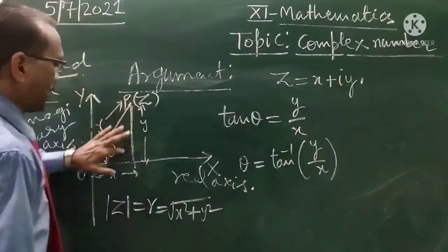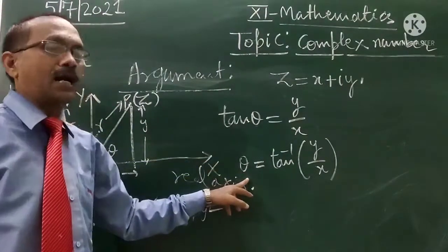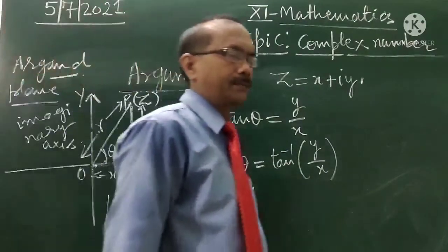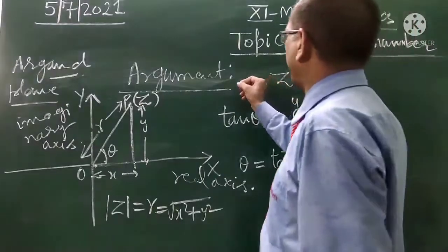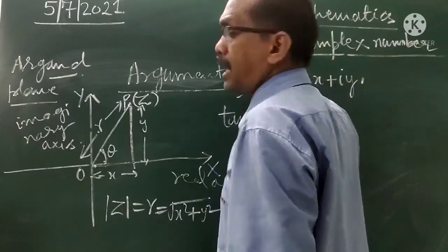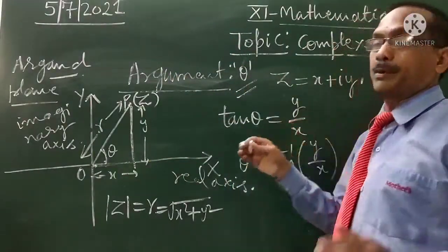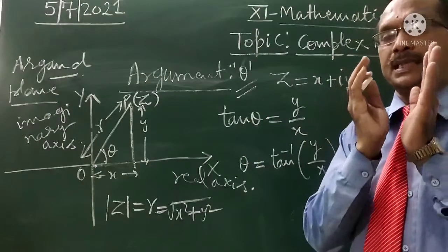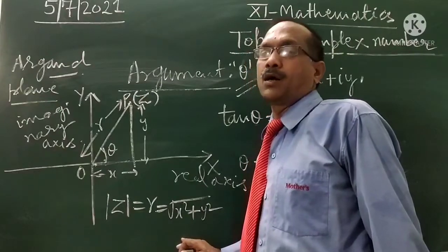So tan theta equal to y upon x. And the angle theta is called argument. So we will find the value of theta, which is the argument, and the value of r, which is called the modulus of the complex number.